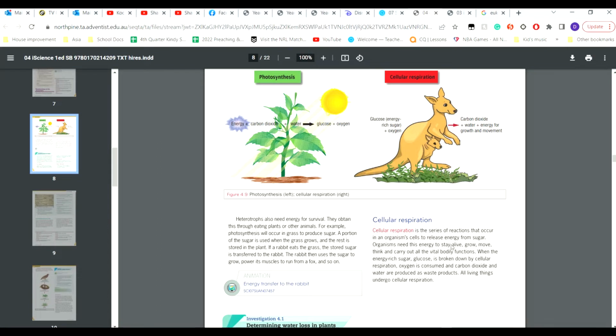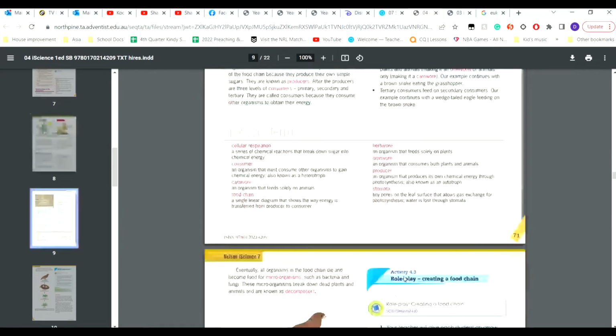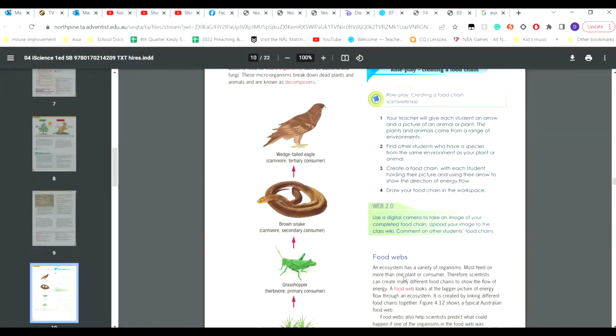Organisms need this energy to stay alive, grow, move, think, and carry out all vital bodily functions. When the energy-rich sugar, glucose, is broken down by cellular respiration, oxygen is consumed and carbon dioxide and water are produced as waste products. All living things undergo cellular respiration. So not just plants, not just animals, all living things do cellular respiration. Okay.